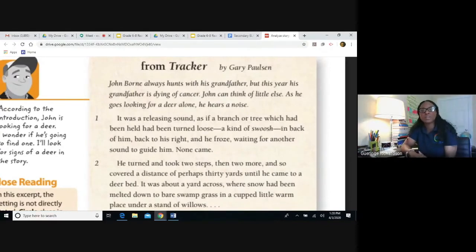This is an excerpt from Tracker, and I want you to read the first two paragraphs independently, and then together we will read paragraphs 3 through 5. So you go ahead and read those two paragraphs now.